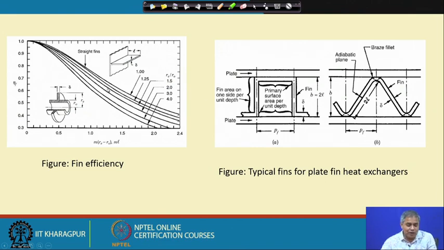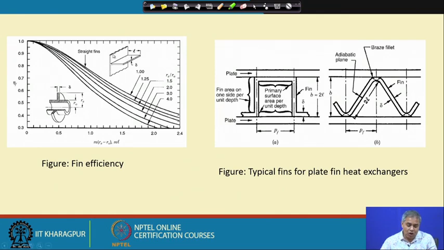Left hand side diagram, what is there? A very convenient chart is given by which fin efficiency can be estimated without doing an elaborate calculation.